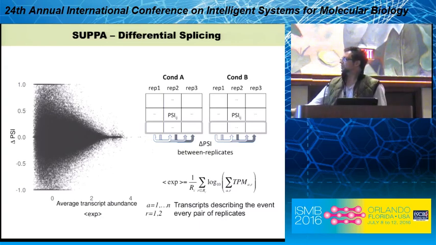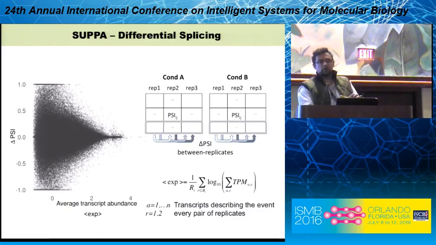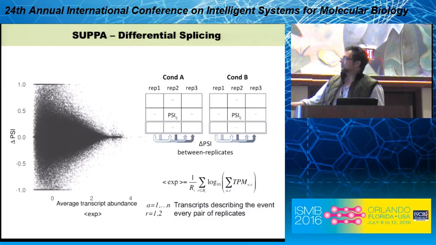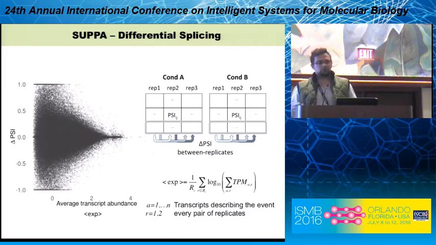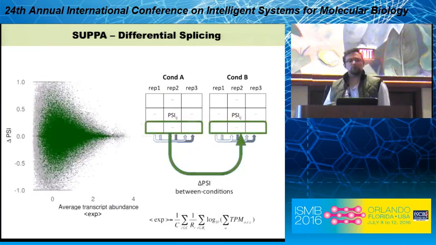And this is shown as a function of the average transcript abundance of those transcripts that are explaining those events. Don't freak out. Most of the cases are in between, although the plot is not good enough to show this, but most of the cases are around 0. But there is large dispersion. So that means that we need to take that into account for the differential analysis.